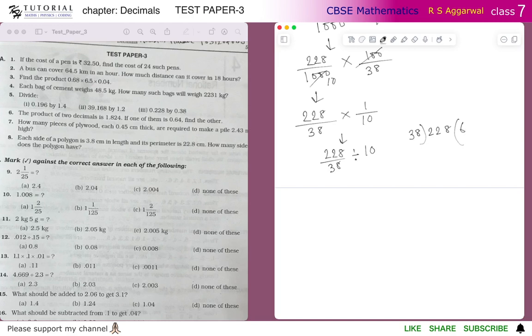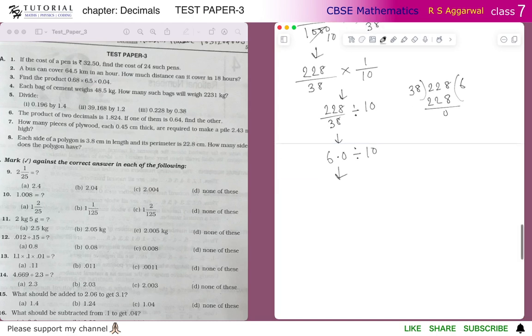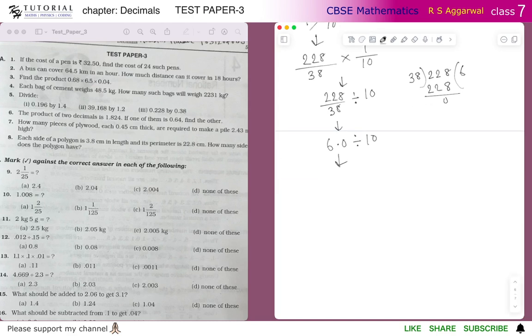Yeah, I think it's directly dividing by 6. So this becomes 6. Now 6 means 6.0 divided by 10. We have to shift the decimal point to the left by 1 place, and it becomes 0.6. 0.6 is the answer.